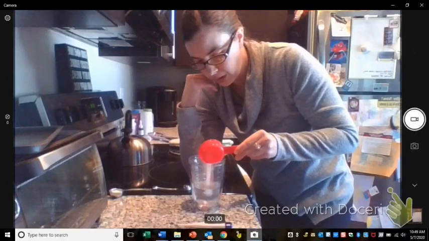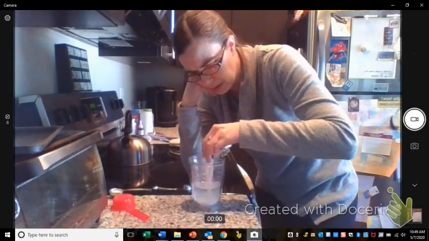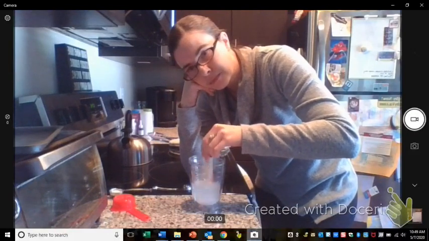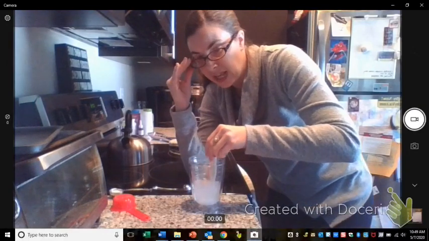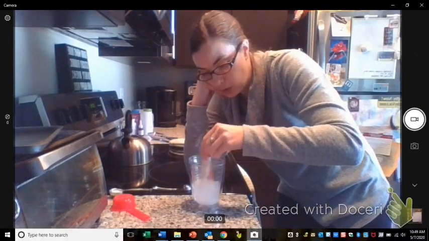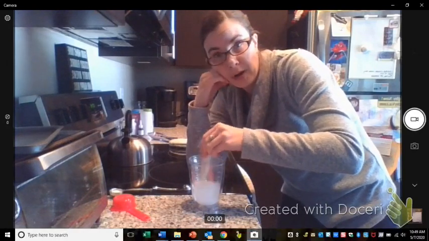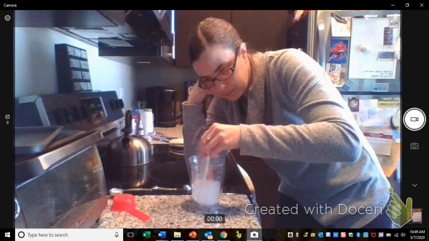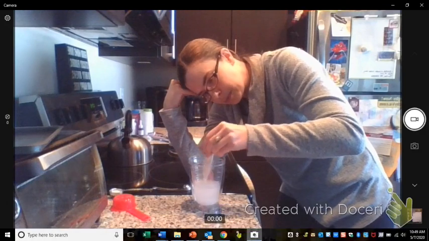So here we go. I'm adding it, and I'm going to use my thermometer to stir. It forms this cloudy solution, and I can see right now that it is going up. It is getting warmer, pretty significantly, actually. I'm stirring, and it happens pretty quickly.